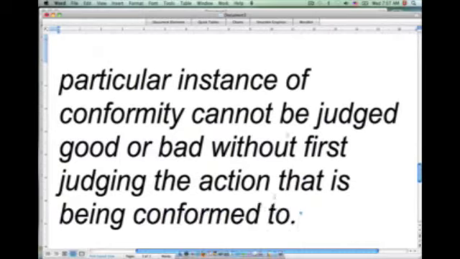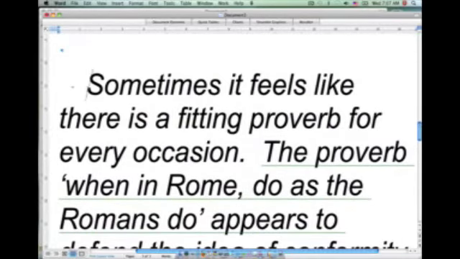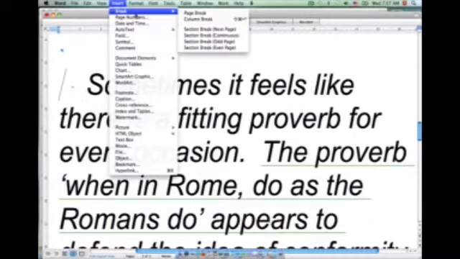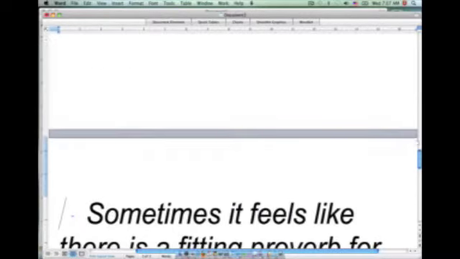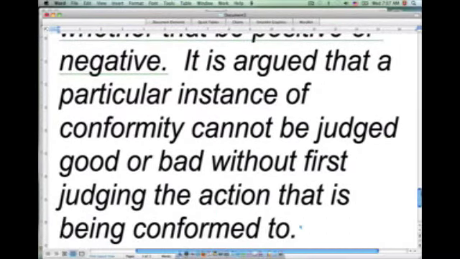Okay, now let me get this set up here. It is argued that a particular instance of conformity cannot be judged good or bad without first judging the action that is being conformed to. I'll let you read that to yourself.